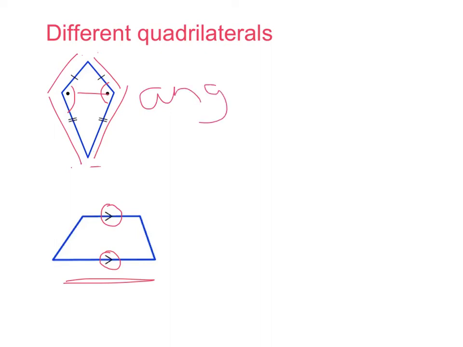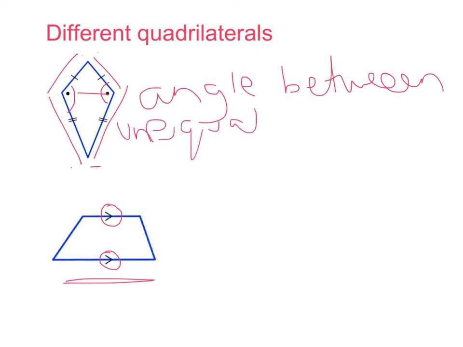Angles between unequal sides are equal. So these angles here, those two there, that's represented by those black dots. Pretty straightforward, guys. And the trapezium, we only have one property of it, which is that there's one pair of parallel sides.